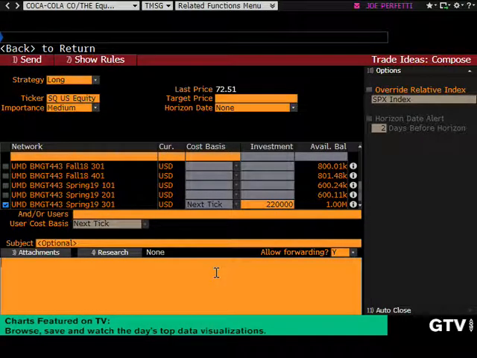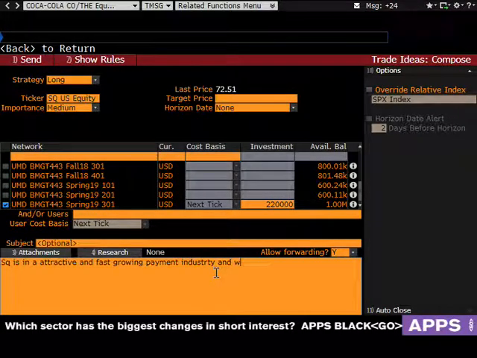So I believe that Square is in an attractive and fast-growing payment industry and will benefit as one of the few big players.